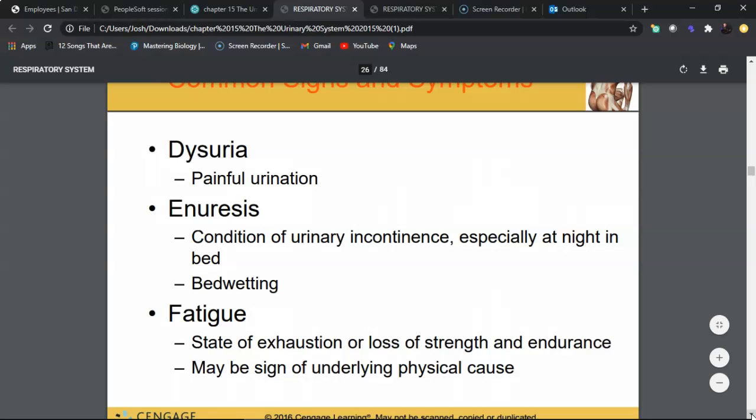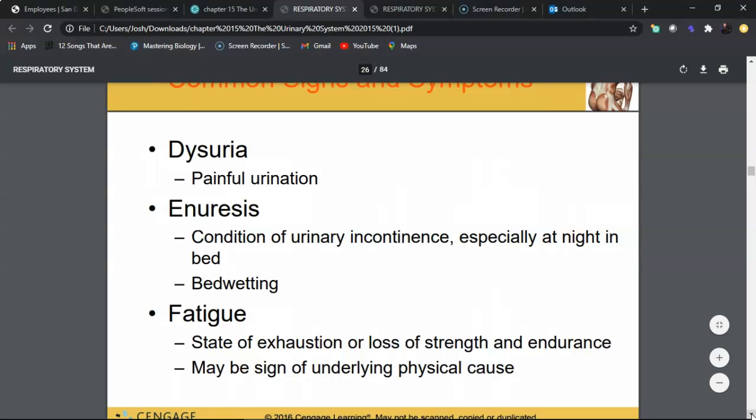So it's sort of an incontinence of children. It can often be associated with stressful situations, or even an infection. Sometimes that can be the first sign, especially with females, that they have an infection. But enuresis is a pediatric term referring to bedwetting.